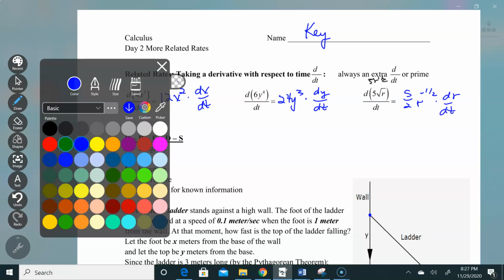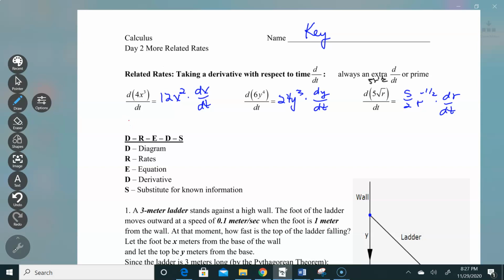And if you want to use shorthand for all this stuff, you can call this 12x squared times x prime, 24y cubed times y prime, or 5 over 2r to the negative 1/2 times r prime.